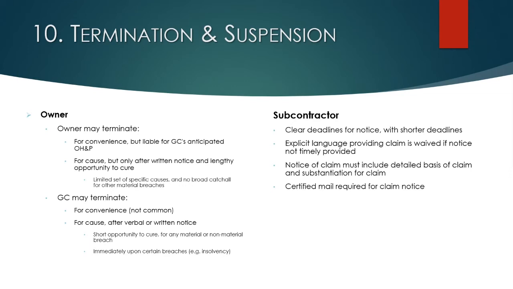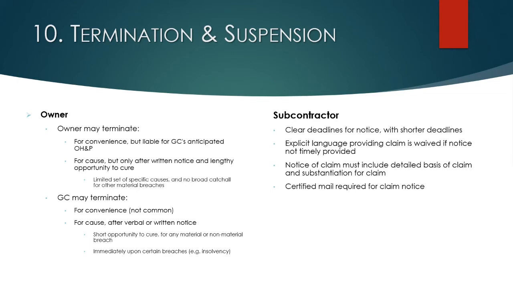Your ability to terminate, you need to address that in your prime contract. You may put in there that the general contractor can terminate for convenience, but I would say that's not very common. Termination for convenience you typically see only as a right of the owner. When it comes to termination for cause, you want to make it as easy as possible on yourself. You want verbal or written notice.